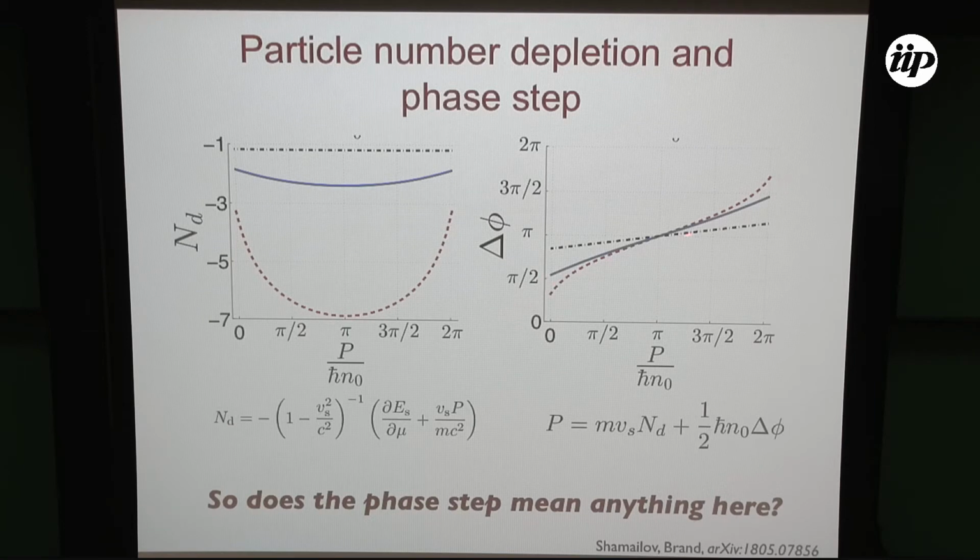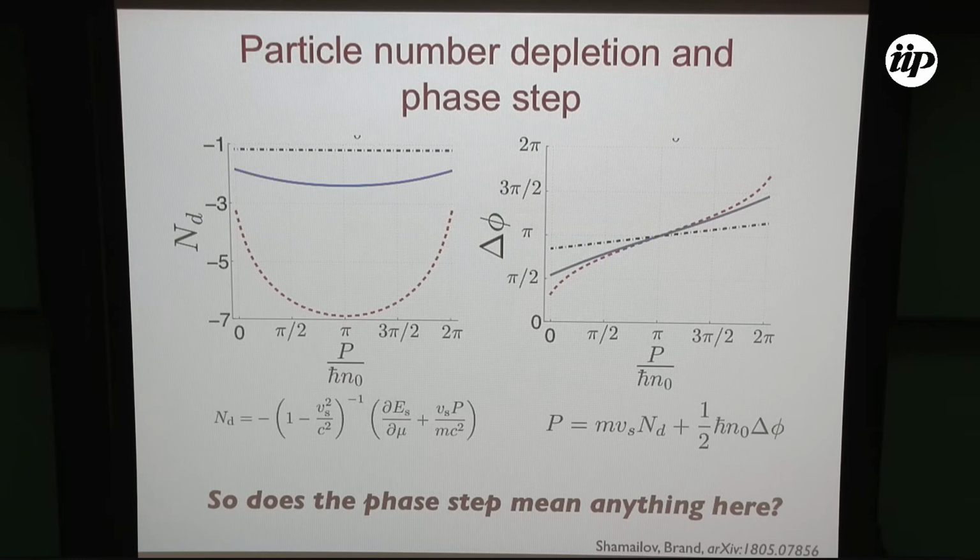For finite gamma, it does something different, but the soliton that sits here at momentum pi h bar n naught, that is the black soliton, the stationary soliton that has zero velocity. It always has a phase step of pi.